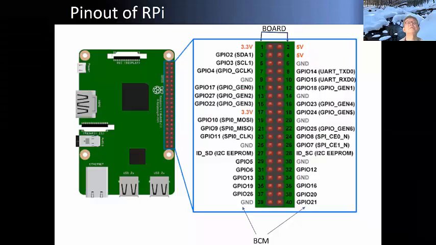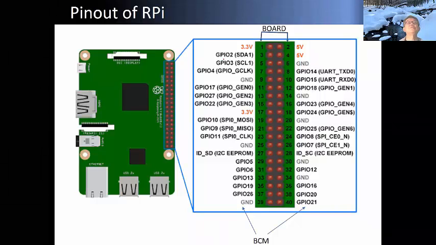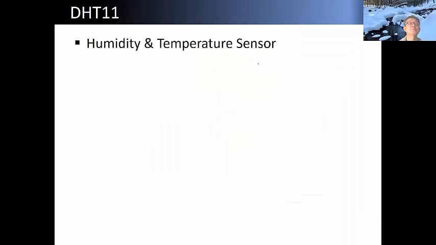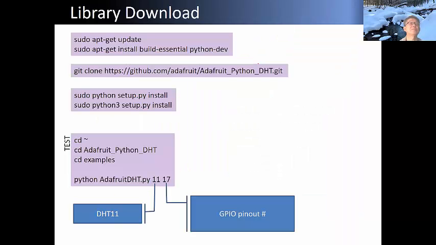See here, the BCM, then GPIO2 and GPIO3, there's SDA1 and SCL. So we need to plug the pins here and there. Okay. This is a humidity and temperature sensor. This is what we are going to do also.